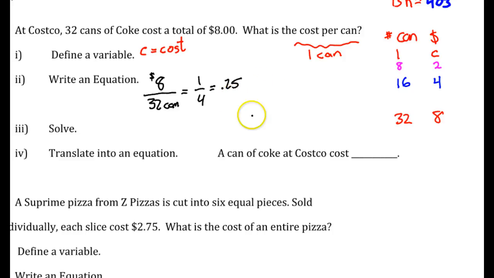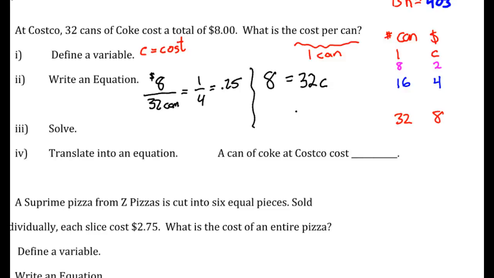Now, how can we write this as an equation using our variable? We got all the steps here, but what would this be as an equation? Really, think about it like this. $8 will equal 32 cans times how much a can costs.